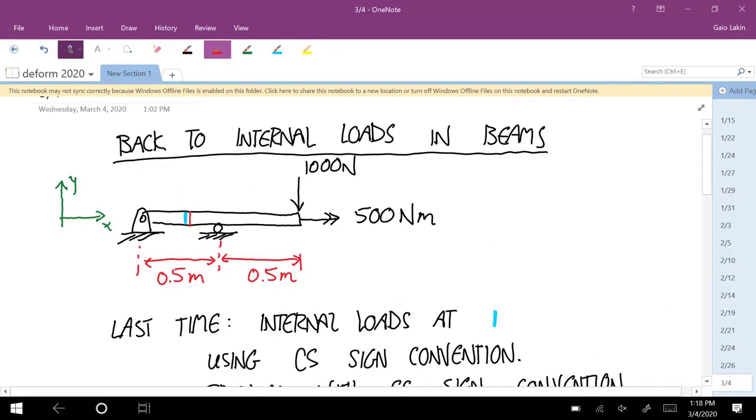So the infinitesimal piece is this. The blue represents the line you're looking at. The red box is infinitesimally far to the left and to the right of the line that you care about. And so we're doing our cut from all the way at this end to the far end of that infinitesimal piece.